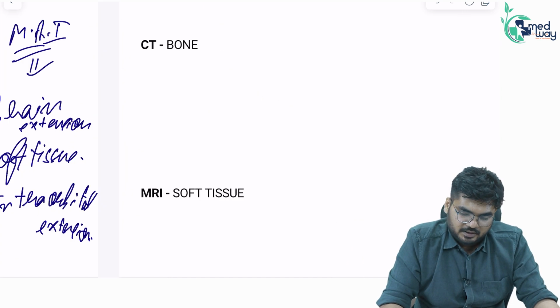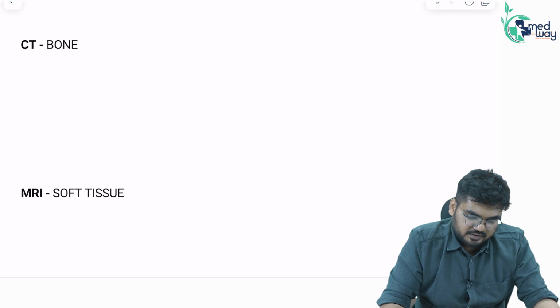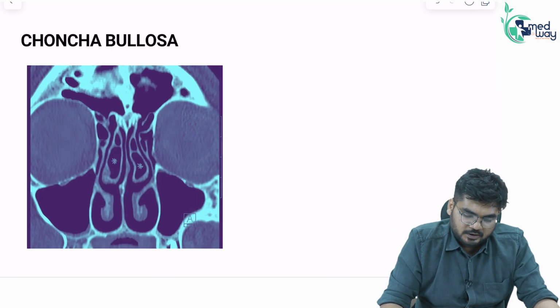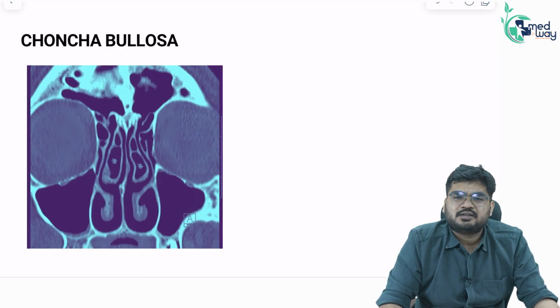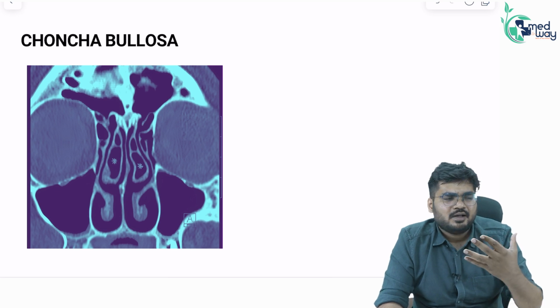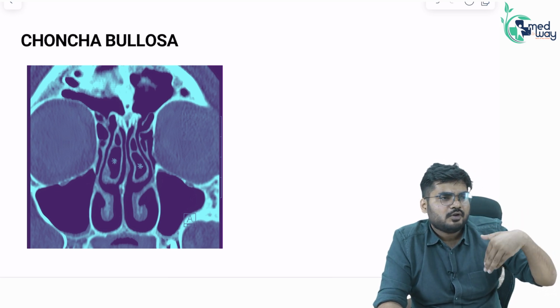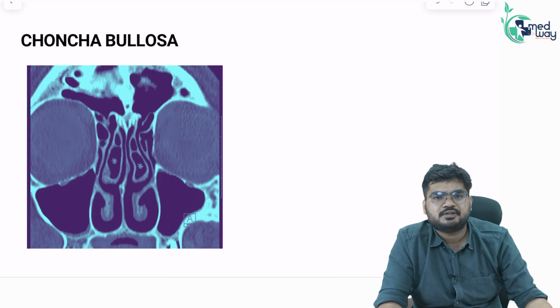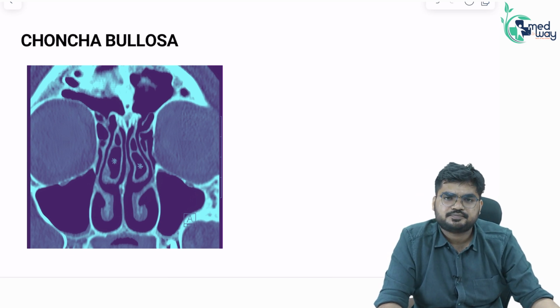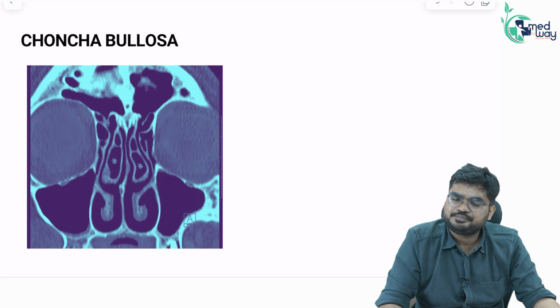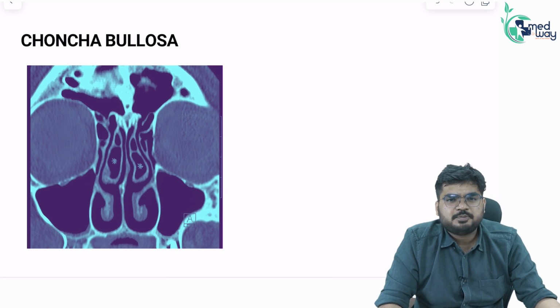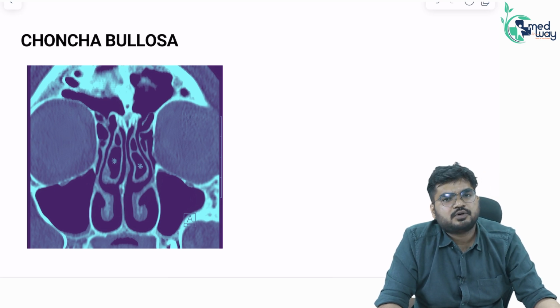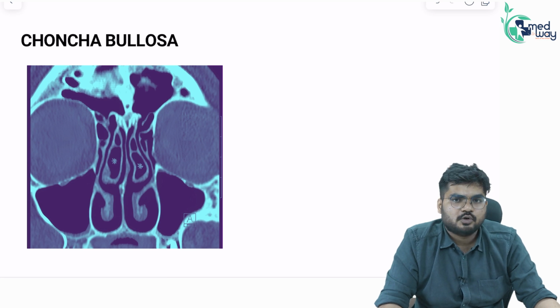Let us discuss these topics in such a way that it helps you not only memorize but understand the core concepts of the subject ENT, ear, nose, throat and head and neck surgery. If these facts of radiology are totally clear, let us study a topic, concha bullosa.